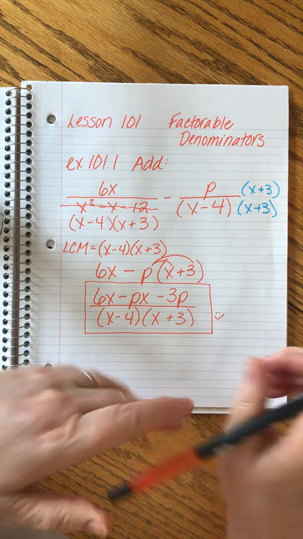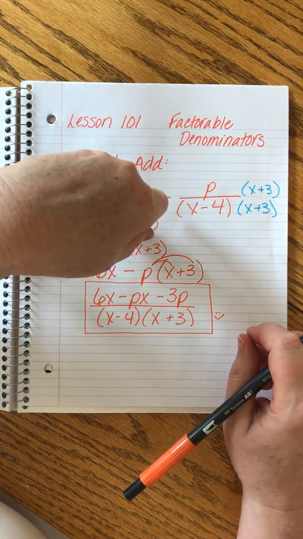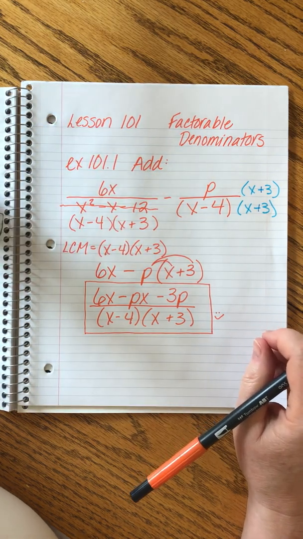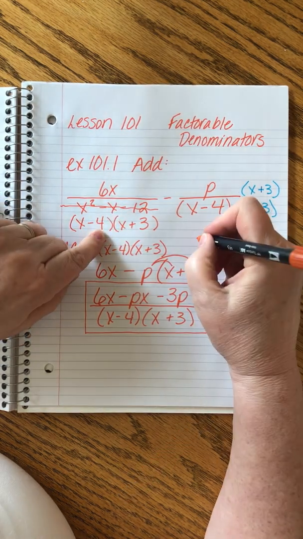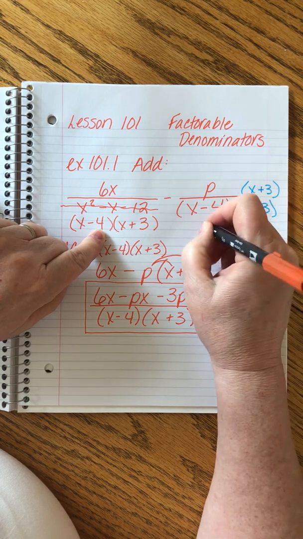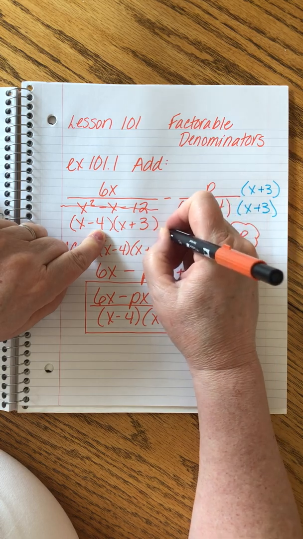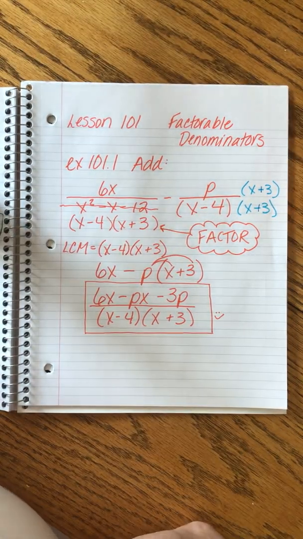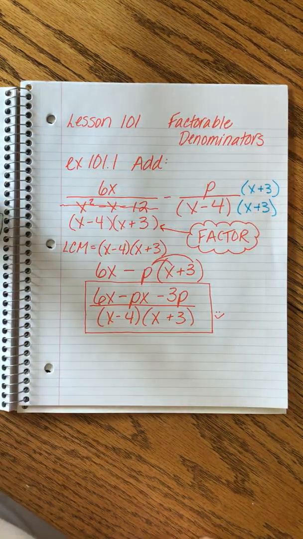So, all we have to do in these problems that's different is we have to deal with big crazy denominators that need to be factored. But we had to factor that, and then we were able to create an LCM and adjust the other fraction.